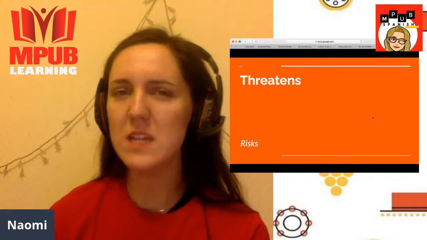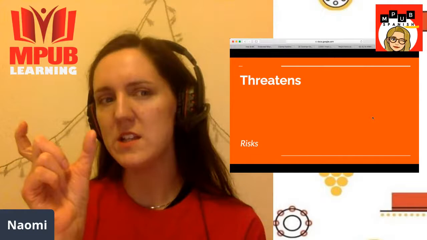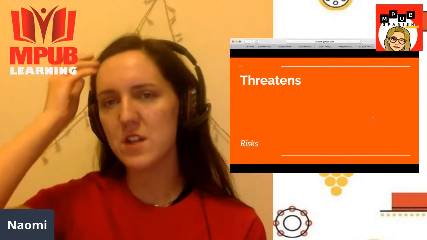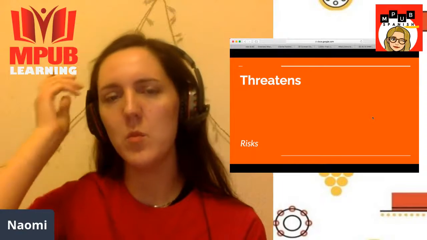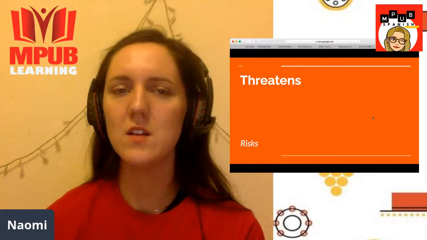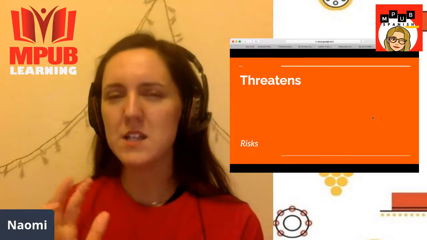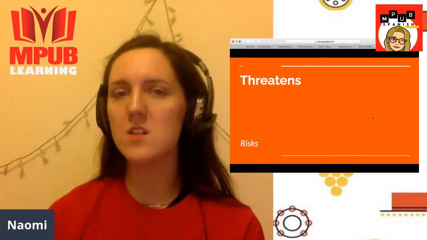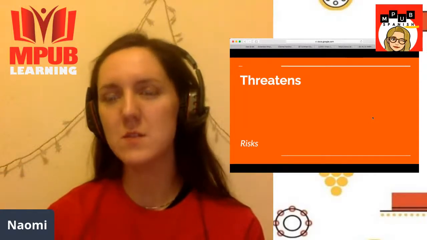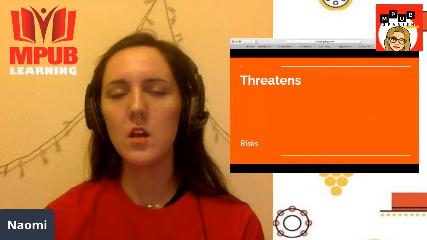So with a risk, we need to say exactly what the risk is, including the negative action. And with threaten, we are already implying a negative action there. I hope that's clear, but you can search these words separately to see what their difference is.